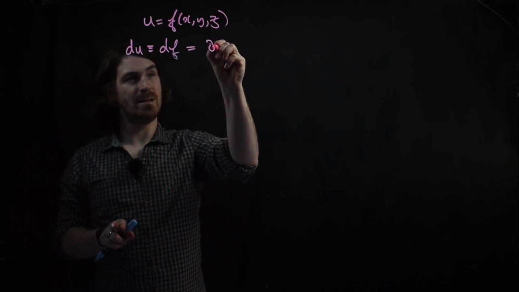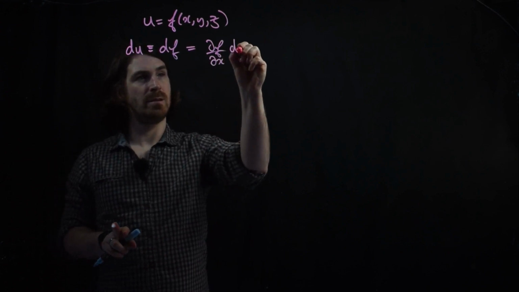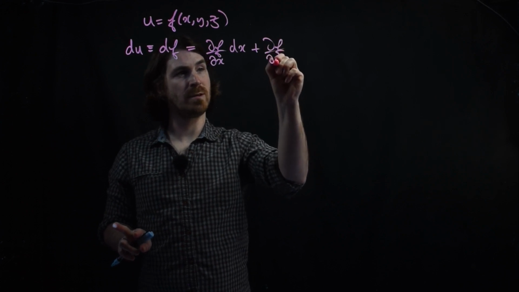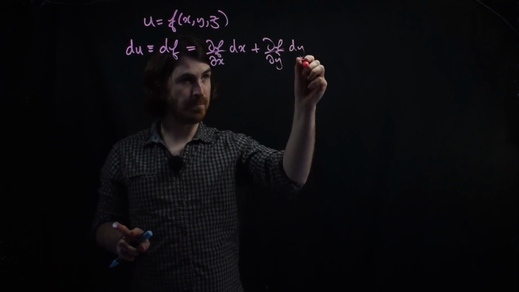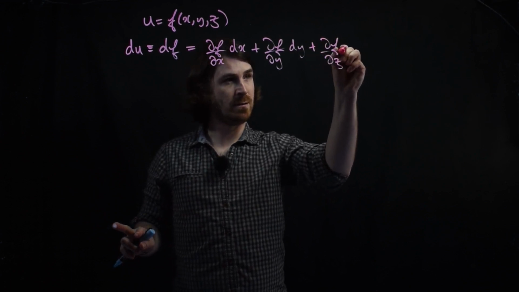It is the partial derivative of f with respect to x, dx, plus the partial derivative of f with respect to y, dy, plus the partial derivative of f with respect to z, dz.